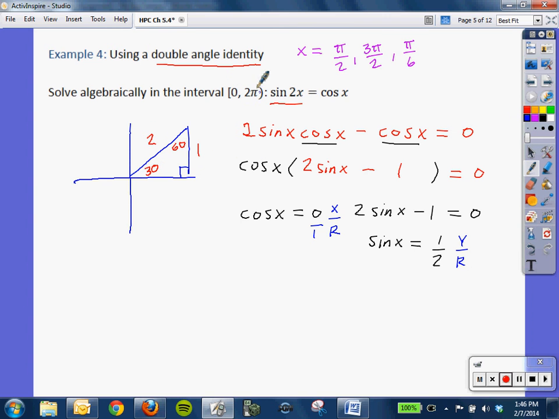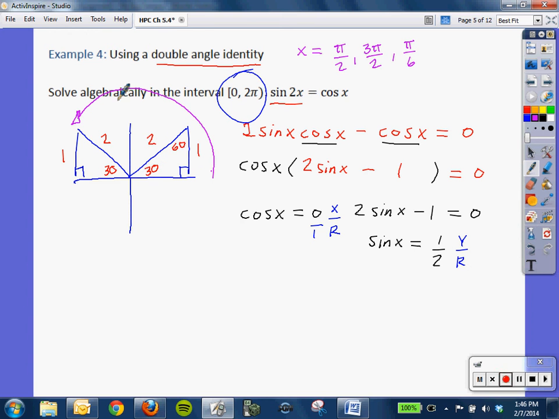Pi over 6. 180 divided by 6 is equal to 30. But we're thinking about this interval here from 0 to 2 pi, so we have to come up with the other angle. Let's think about our second quadrant as well. We have a 1 and we have a 2. And once again we have 30 here. Now we're thinking about how far we've gone from 0 to this point here.